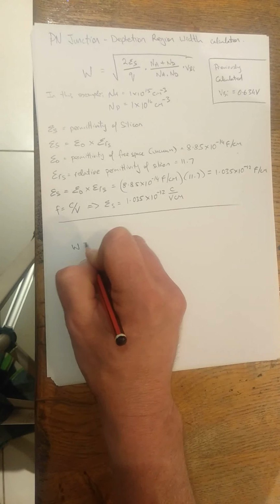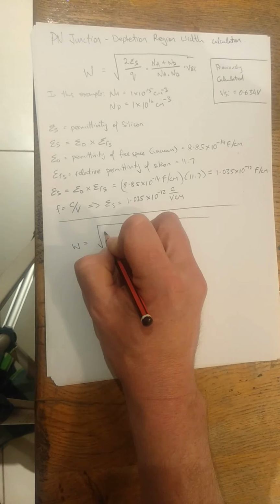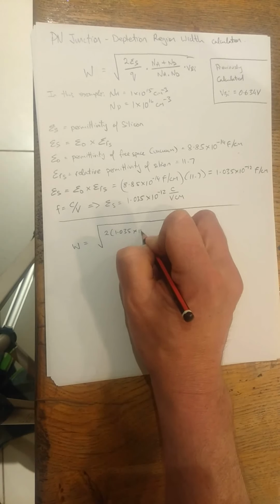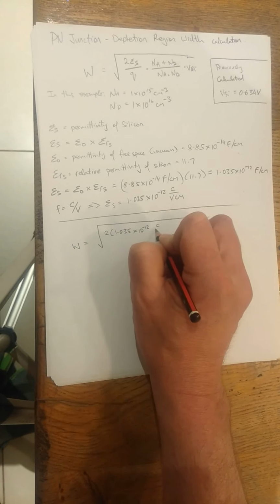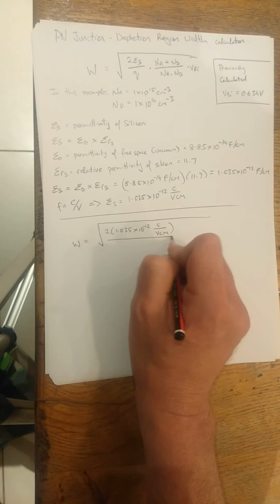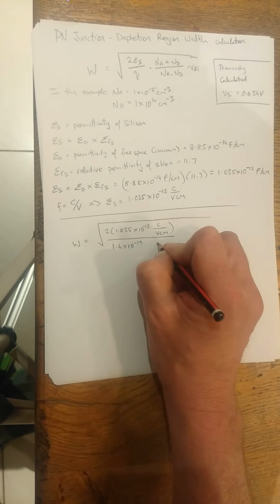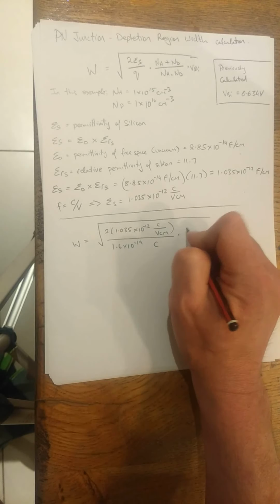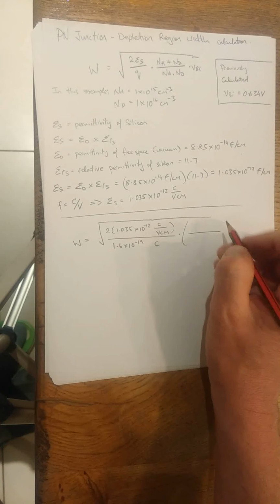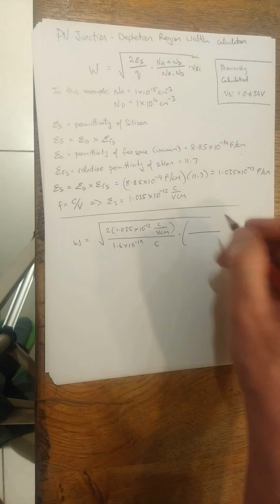Okay, so W is equal to the square root of 2 times 1.035 by 10 to the power minus 12 coulombs per volt cm over 1.6 by 10 to the power minus 19 coulombs multiplied by, so we have above the line here Na plus Nd, so 1 by 10 to the power of 15 plus 1 by 10 to the power of 16.